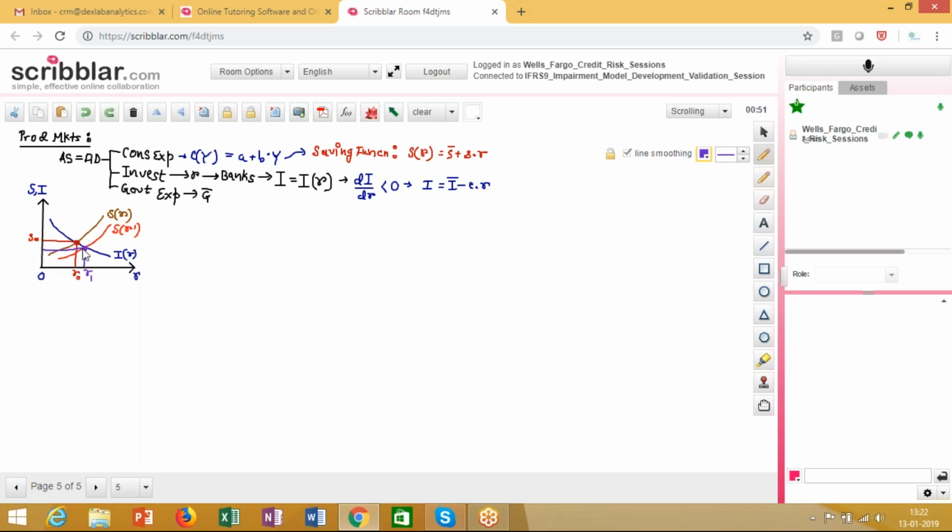Sorry, I have messed up the axis, one second. Just a moment. This is the output S0, S1, and this is the rate of interest.